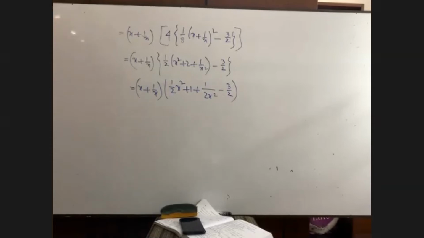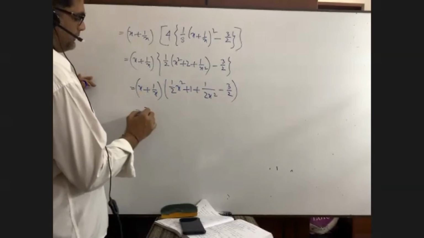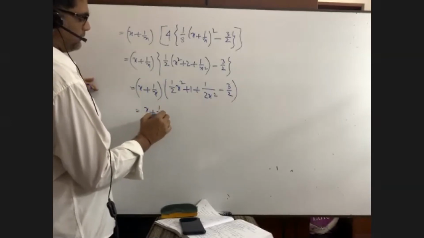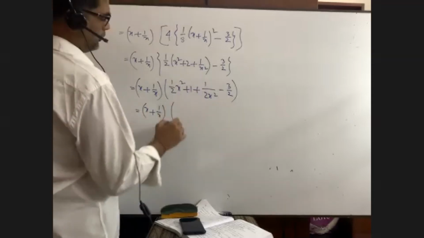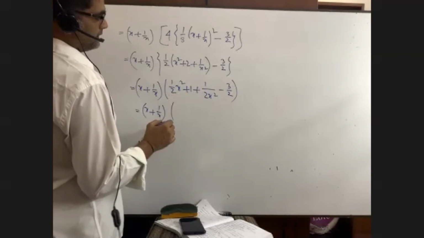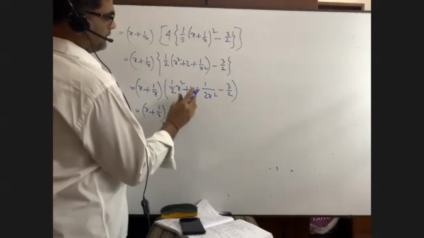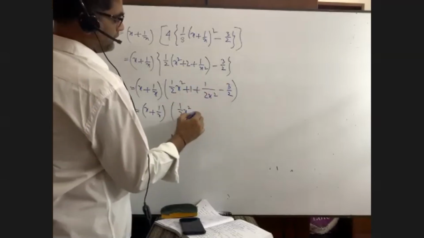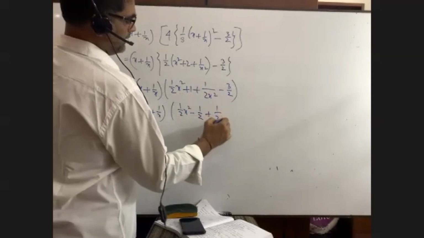So we are getting x plus 1 by x. Here, if we calculate, what we will get? Can you tell me, please? It is half x square, it is 1 minus 3 by 2 minus half plus half.